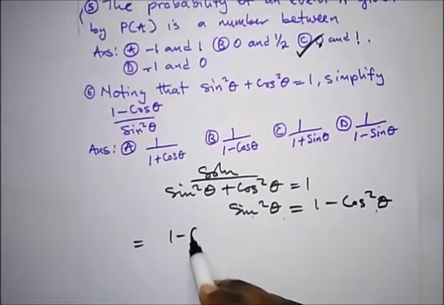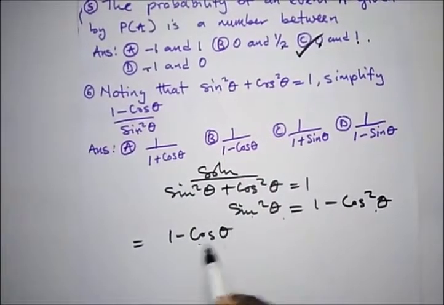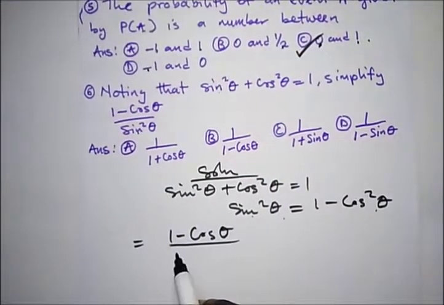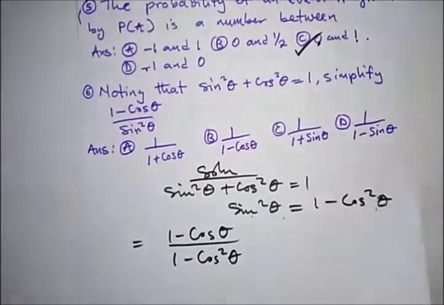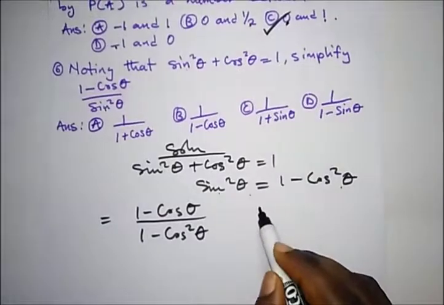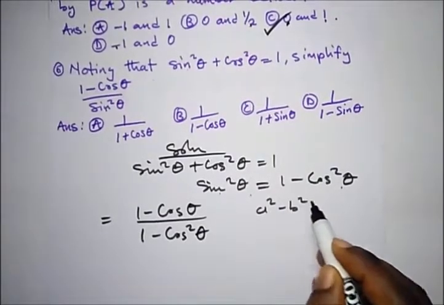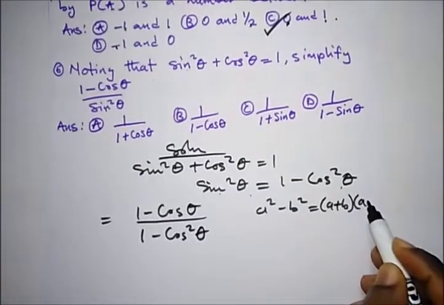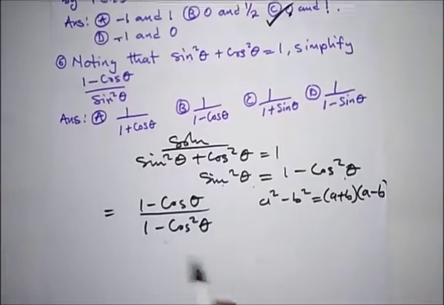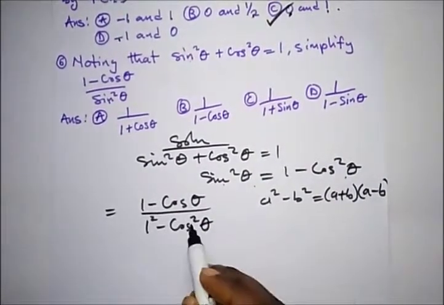So what do we have? We have 1 minus cos theta over, what's the value of this? That is 1 minus cos squared theta. Remembering that when you have a squared minus b squared, it is a plus b bracket a minus b, where this is also a square and this is a square.